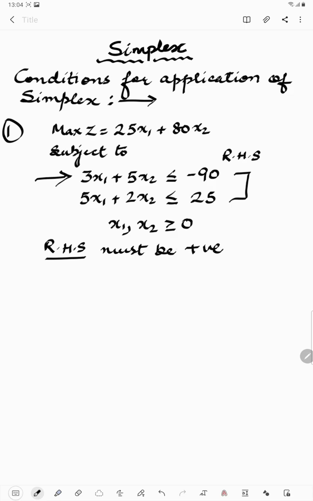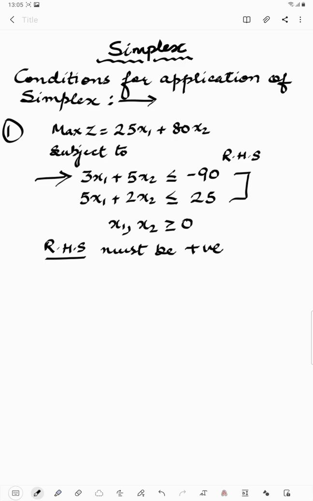This value should be positive. If it is not positive, we cannot apply simplex. So what can we do now? We need to convert it into a positive value. How will this be converted? By multiplying both sides, that is left hand side and right hand side, by minus 1.